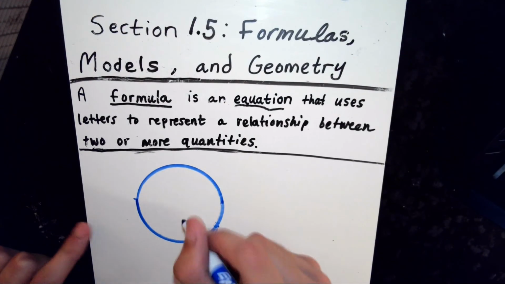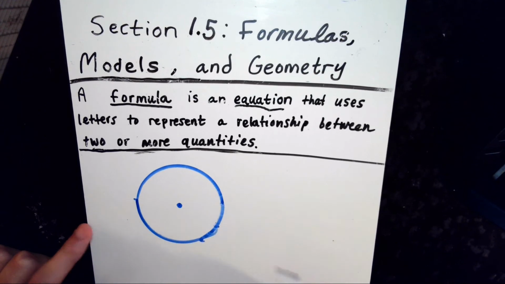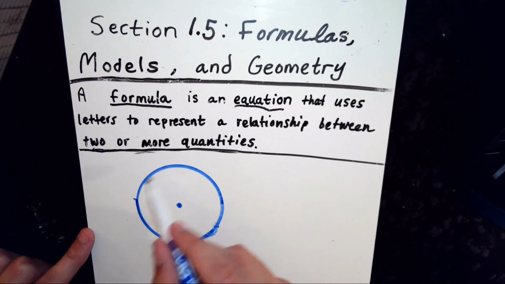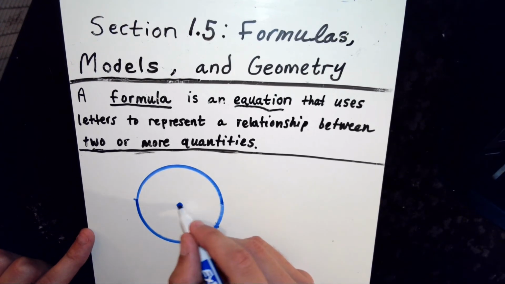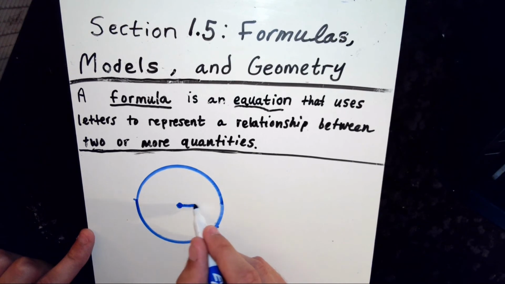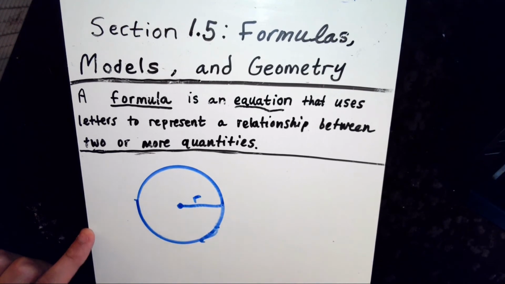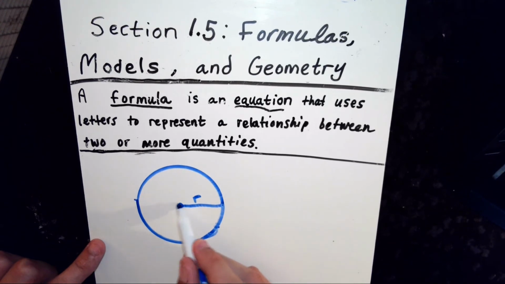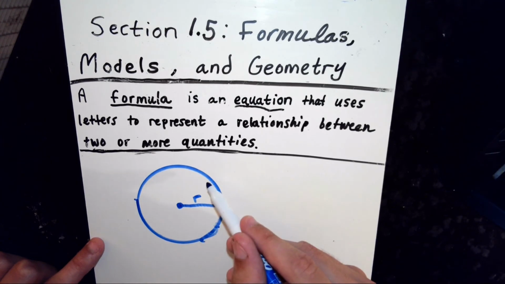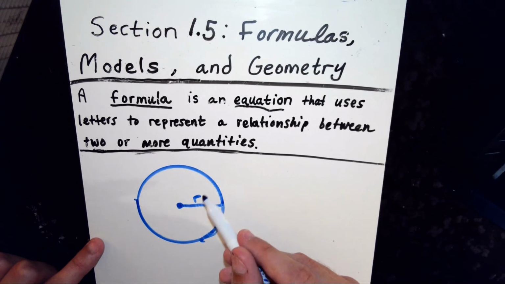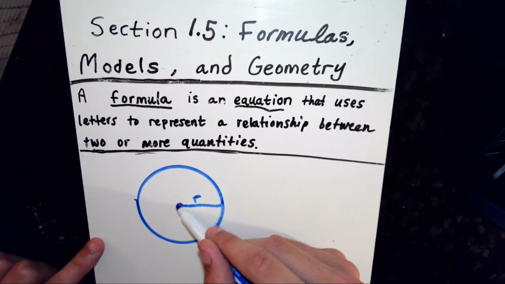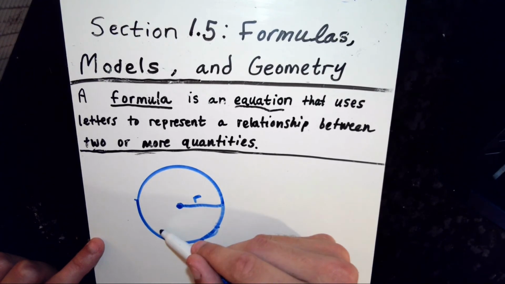So now, what characterizes a circle is that all of the points on the circle are the same distance from the center, and that distance is called the radius. So the radius of the circle is the distance from the center to any point on the circle, and then the diameter is any segment that crosses through the center and from one end of the circle to the other.